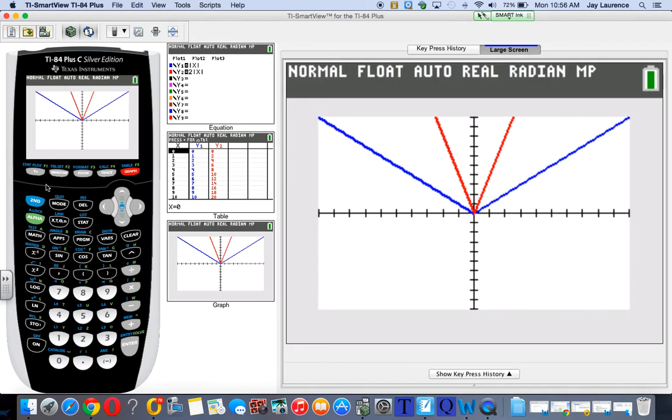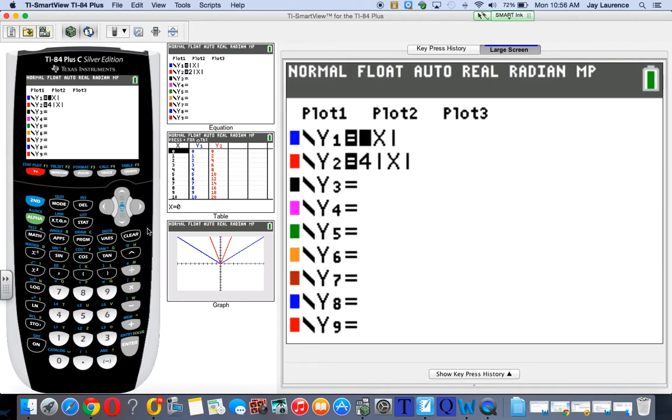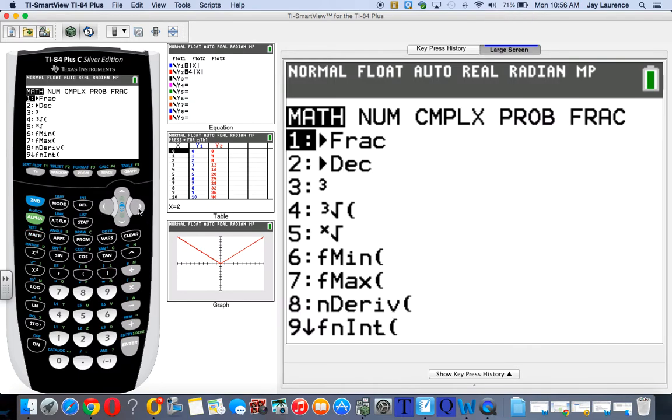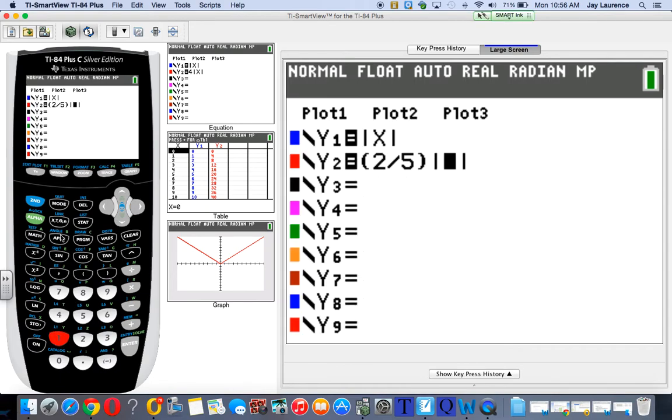What do you suppose would happen if I change that 4 to a fraction? Let me put parentheses, and let me go with, say, 2/5. 2 divided by 5. All right, and then I need the absolute value of x.